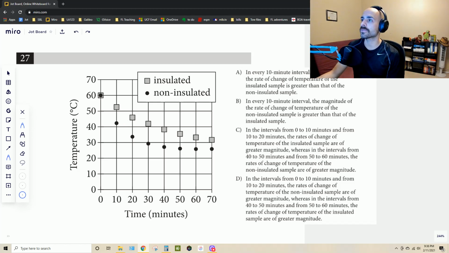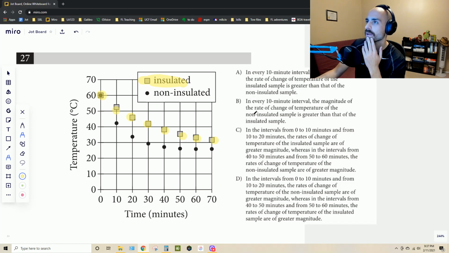Every 10-minute interval, the magnitude of the rate of change of temperatures of the insulated sample, that's our insulated, is going to be our gray cubes here. The magnitude of the rate of change of the insulated sample is greater than that of the non-insulated. Where is the rate of change greater?